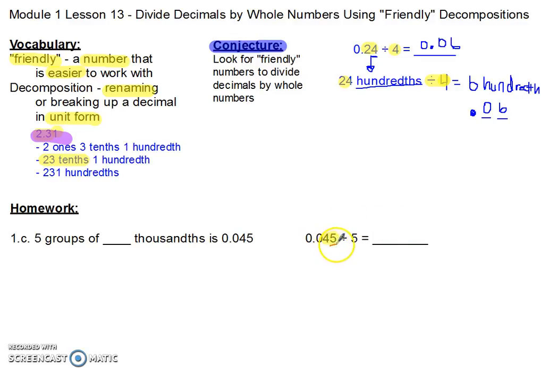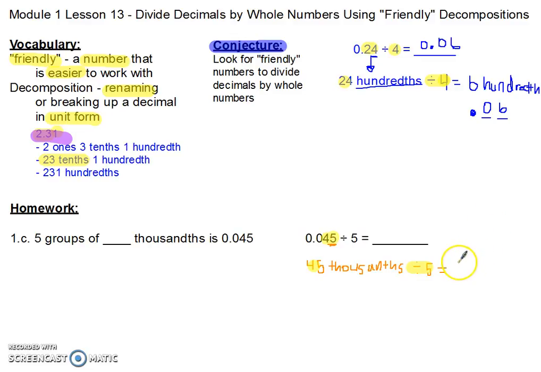So we rename it. The lowest place value here is thousandths, so we would rename 45 to 45 thousandths. Then we would still be dividing by 5. So we would ask ourselves, okay, let's take a look at that 45 divided by 5. And we know that that would equal 9.